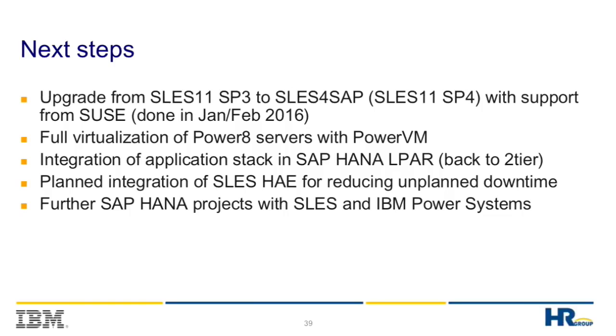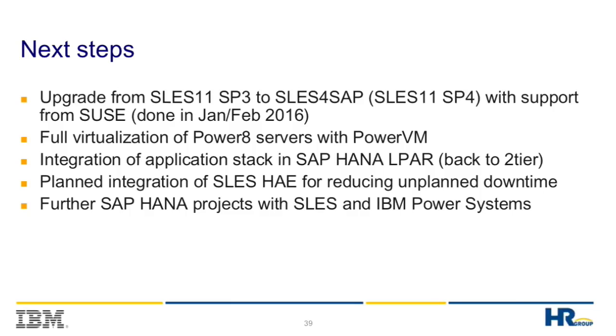So what do we do? We set up a fully virtualized Power server, not dedicated, and we brought back the application server, which was running under AIX, as even for the x86 solution that was running AIX application server with an x86 appliance, and we didn't change the application stack, so we did only a HANA Power LPAR where the database was running.